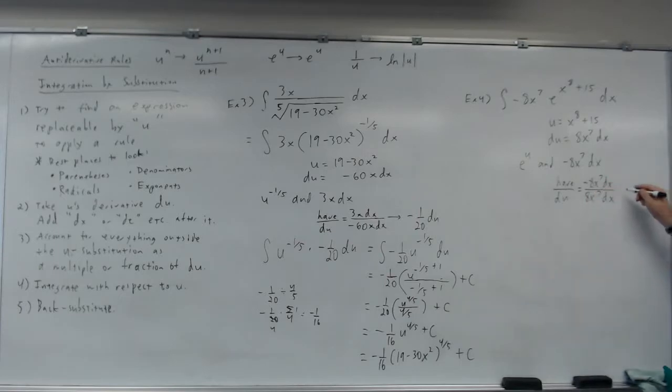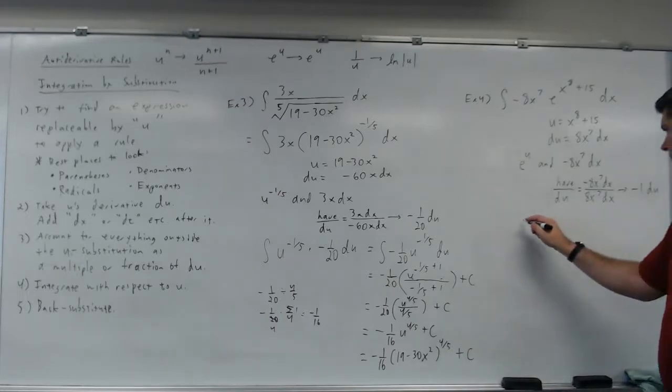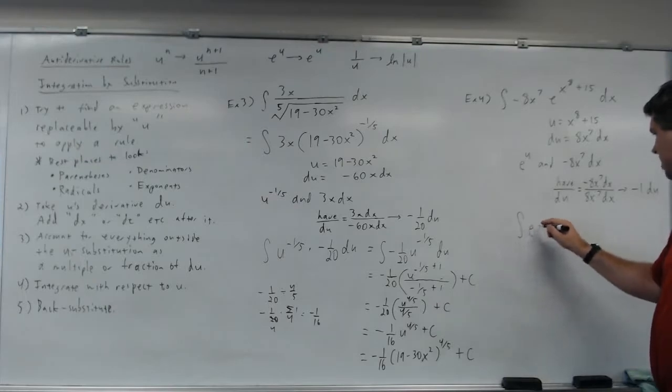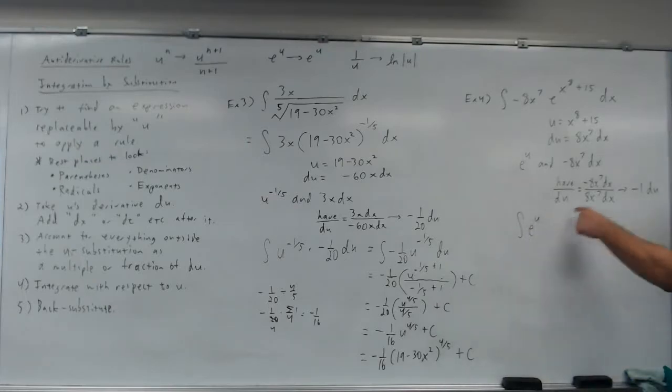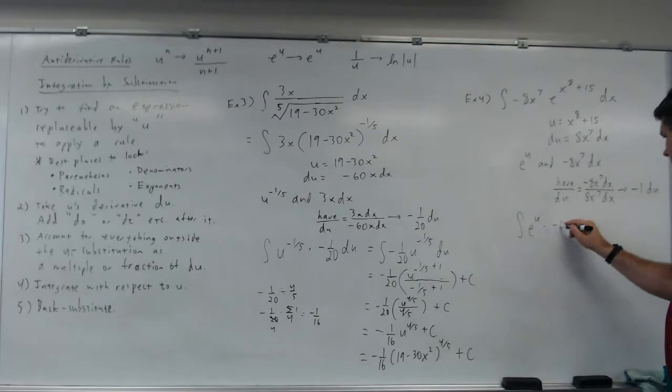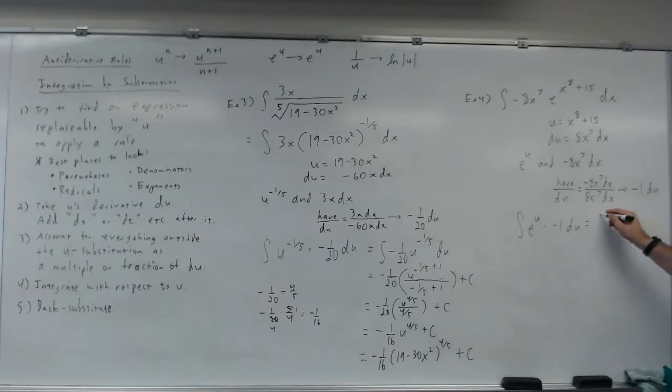And this simply reduces to negative 1 du. So I have negative du. So it's the integral of e to the u times negative 1 du. I'm going to write that in a more standard form: the integral of negative e to the u du.